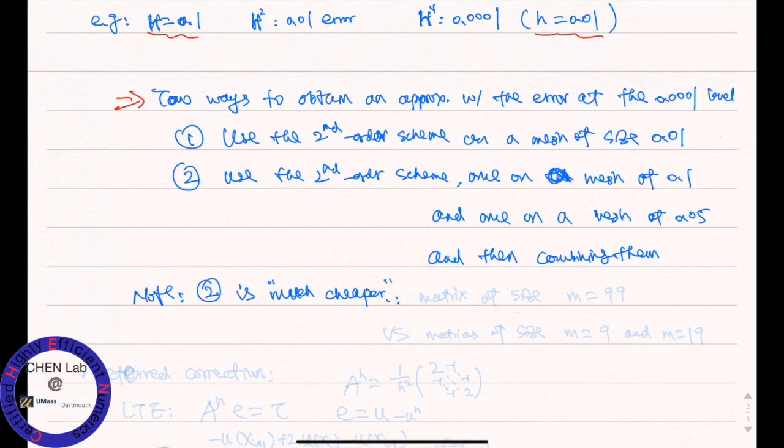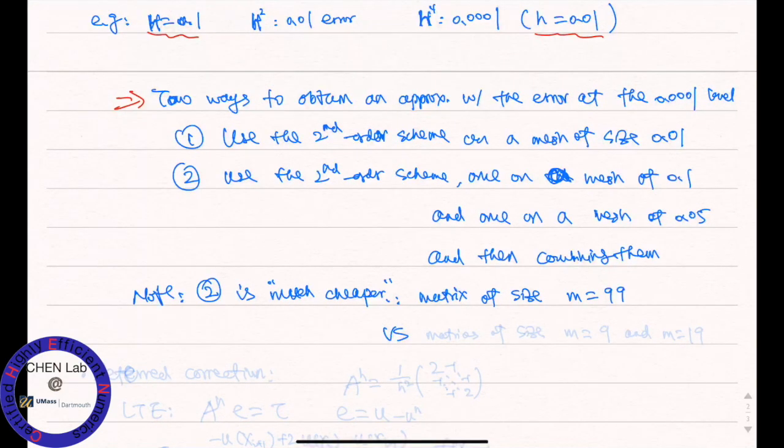If you do 0.01, you will need m to be 99, so m plus 1 is 100, giving mesh size 0.01.